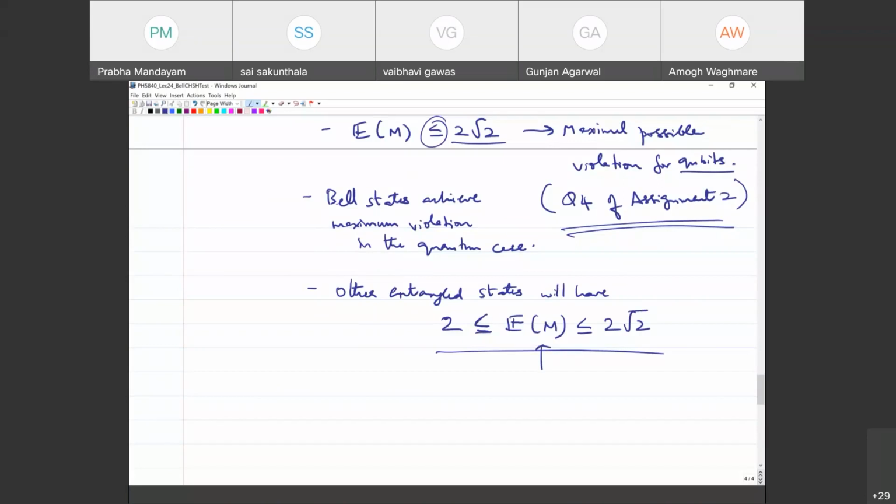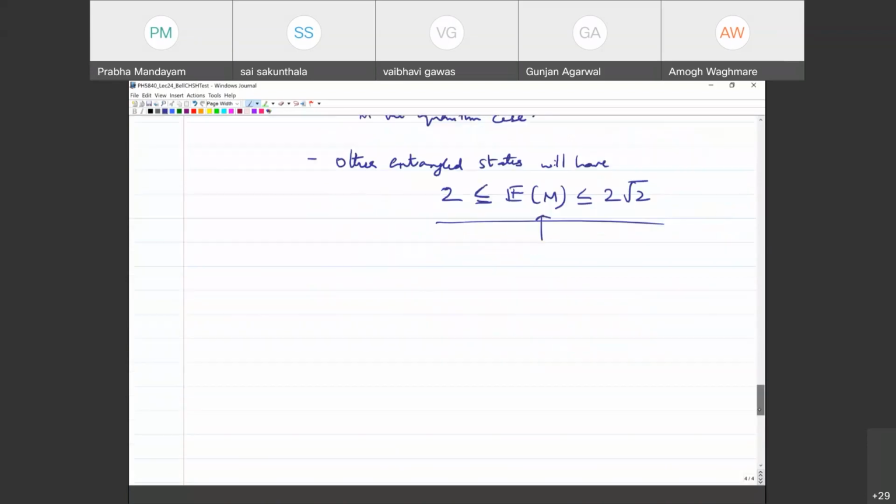What is the extent to which it is greater than 2? That will tell you how entangled the state is, right? So this therefore quantifies this expectation of this M, this particular combination of observables, this quantifies the extent of non-locality. So this is also often called non-locality, right?